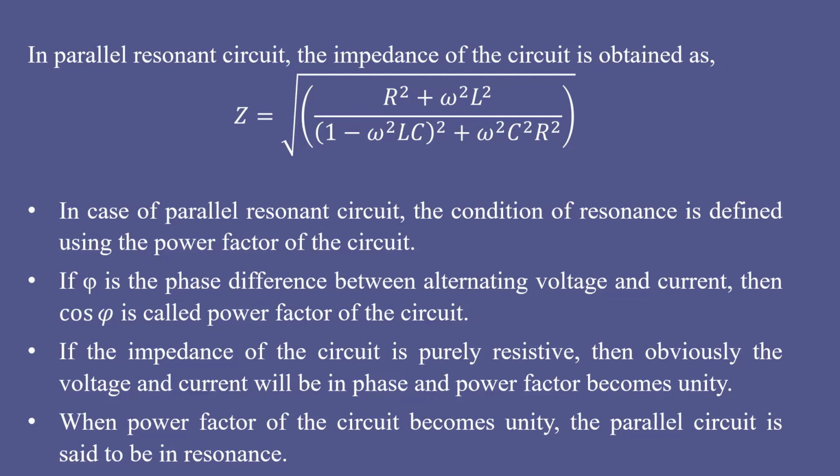Just remember, the impedance of the circuit depends on R, L, and C, and the power factor of the circuit decides the resonance. If the power factor equals 1, then the parallel resonance circuit is said to be at resonance.